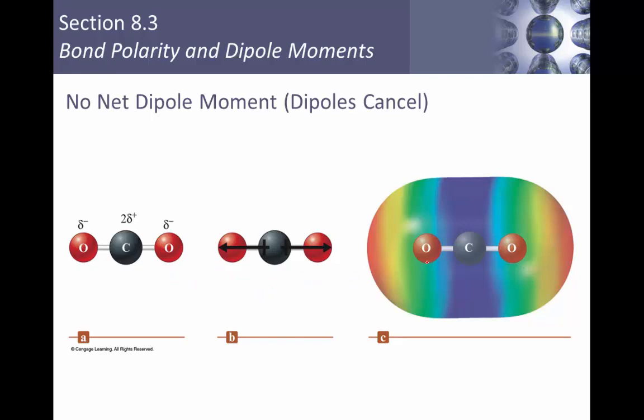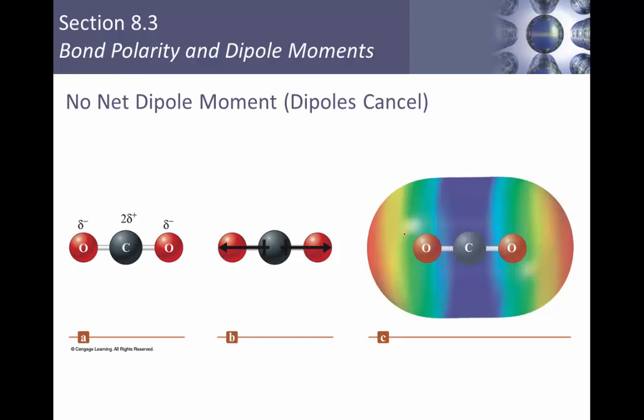The structure causes the dipole moments to cancel out because they're happening in opposite directions. And so you don't have charged ends this time. You have your electron-rich area here, electron-rich area here, and an electron-poor area here, but you don't have the positive and negative ends this time, because of the canceling effect.